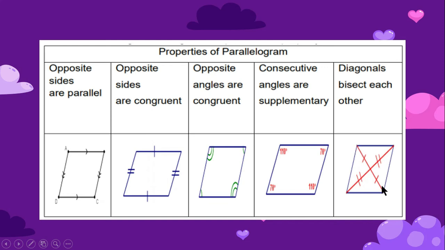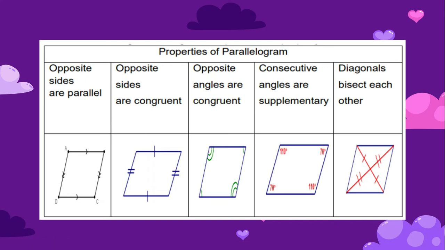When you say bisect, the two diagonals bisect each other because they cut each other into two. So this cut and this cut are congruent, and this cut and this cut are also congruent. Those are the properties of a parallelogram.